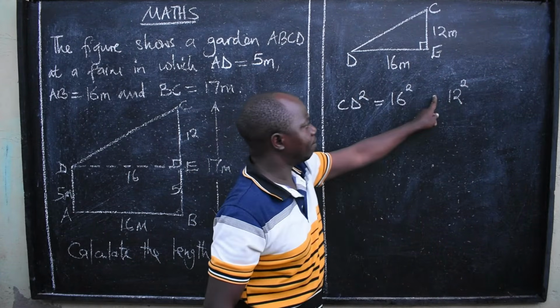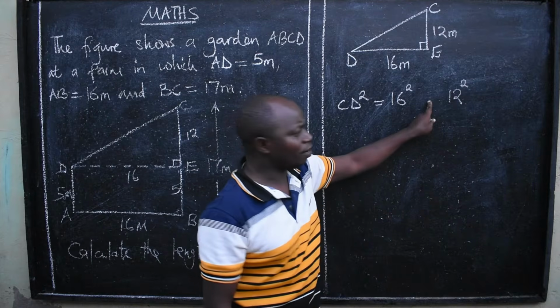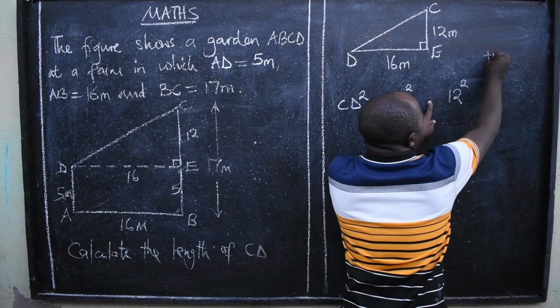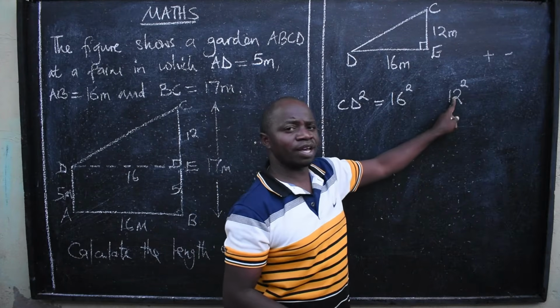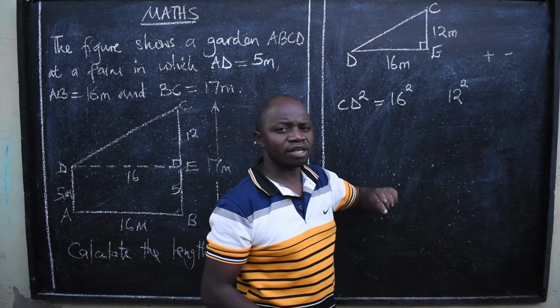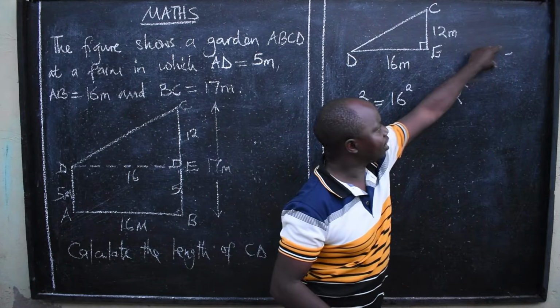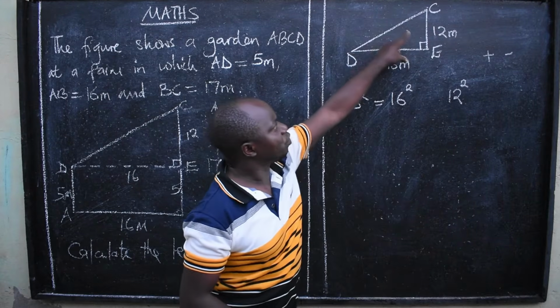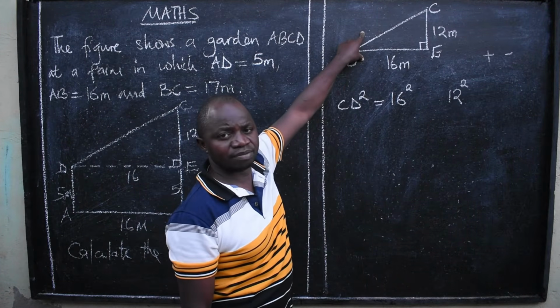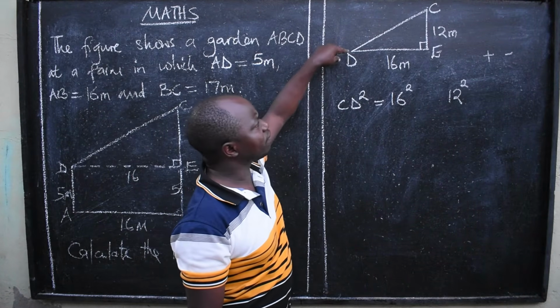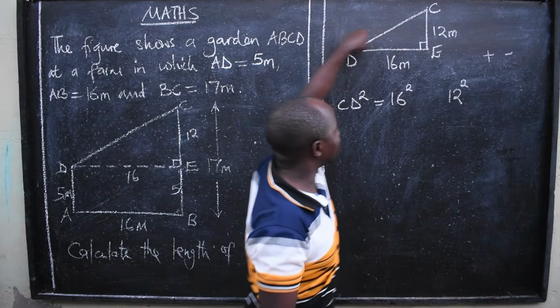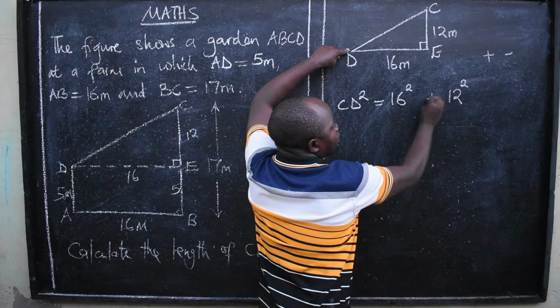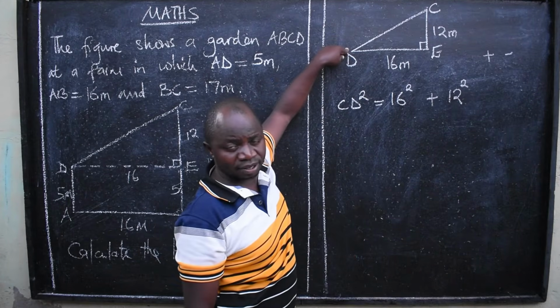Now here, there should only be a plus or minus. So you either add the squares or subtract the squares. But how do you pick the correct sign? You look at what you are calculating. If you are calculating for the longest side, which is the hypotenuse, in this case this is the longest side, it means you are going to put plus.